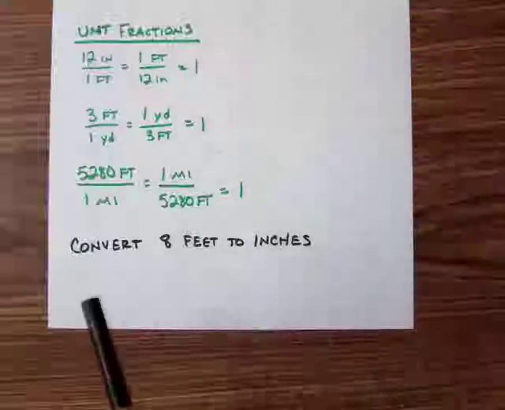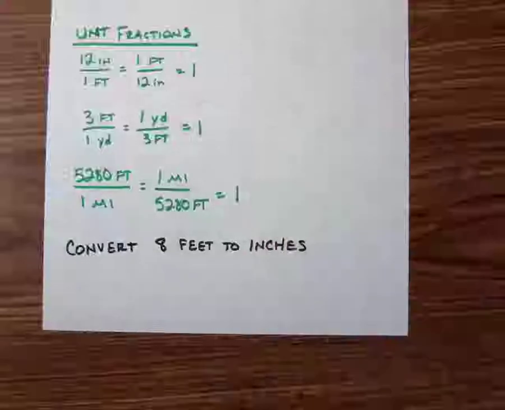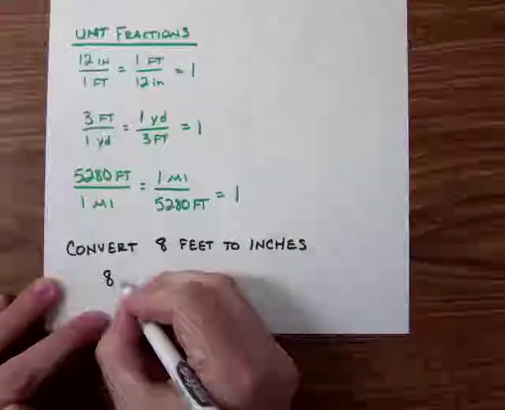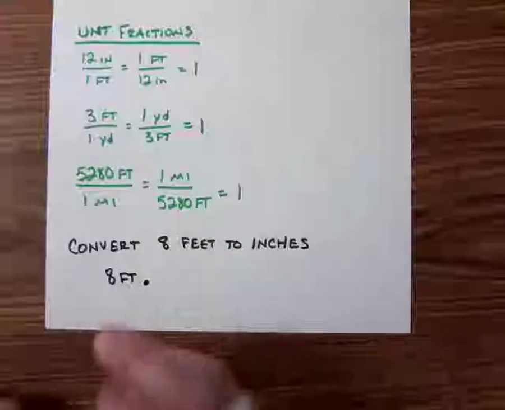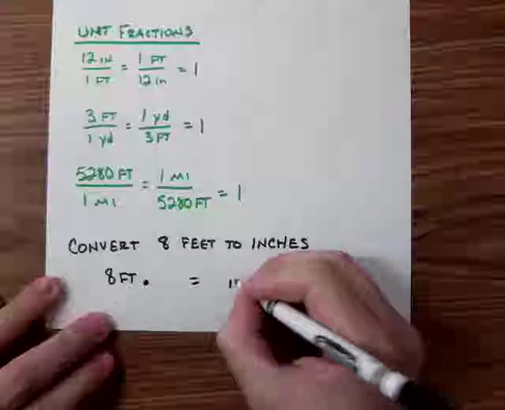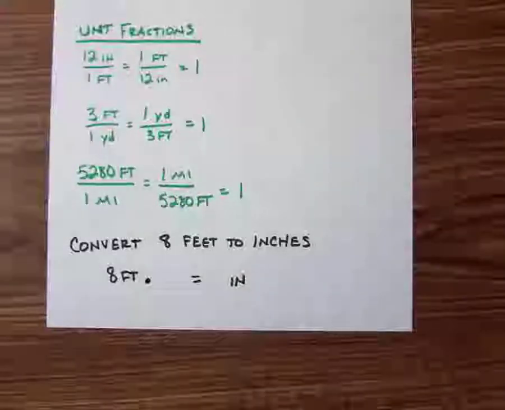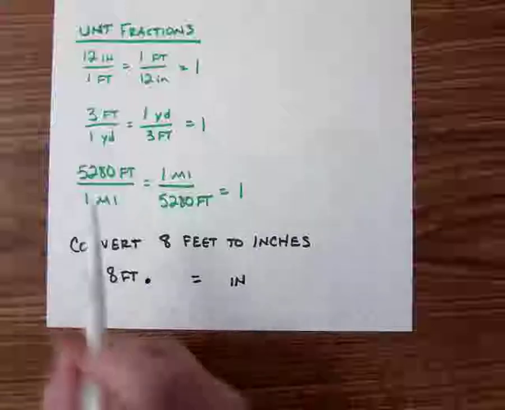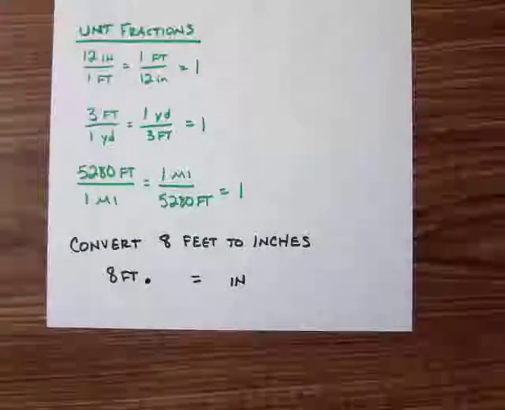So I'm going to take 8 feet, I'm going to multiply it by one of my unit fractions here. It's going to give me some inches. So which of the unit fractions should we use? Should we use the one that's 12 inches over 1 foot, or should we use the one that's 1 foot over 12 inches?